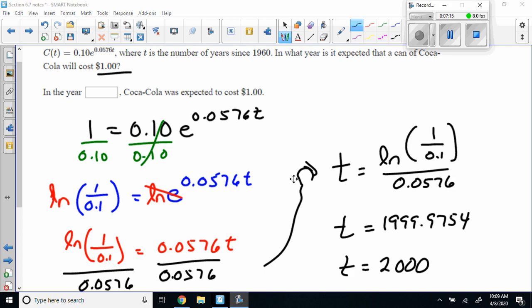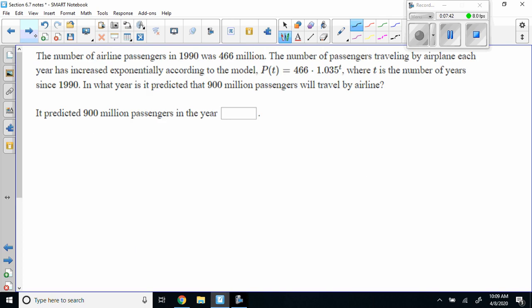Okay, folks, according to Answers.com, in the year 2000, the actual price was $1.60. So it just shows that this equation is only a predictor, not an absolute. And it has to follow inflation and stuff like that. So, all right, let's go to the next one.